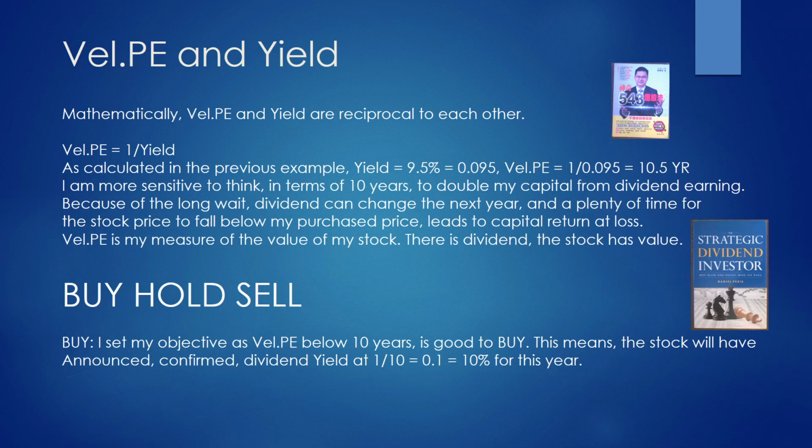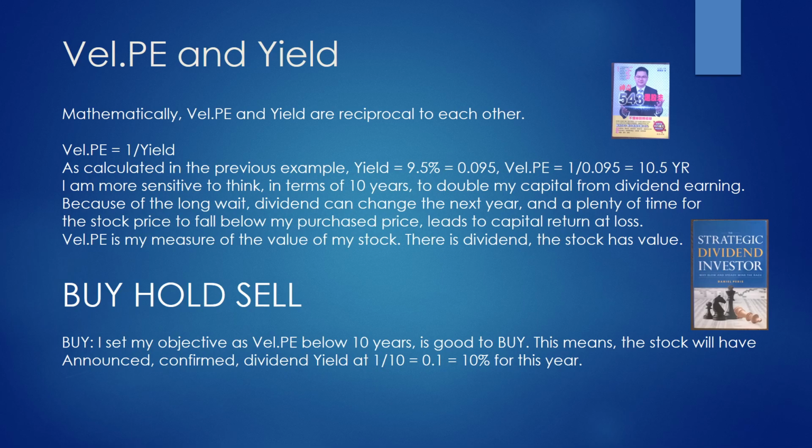I am more sensitive to think in terms of 10 years to double my capital for dividend earning. Because of the long wait, dividend can change the next year, and plenty of time for the stock price to fall below my purchase price leads to capital return at loss. Velocity PE is my measure for the value of my stock. There is dividend, the stock has value.